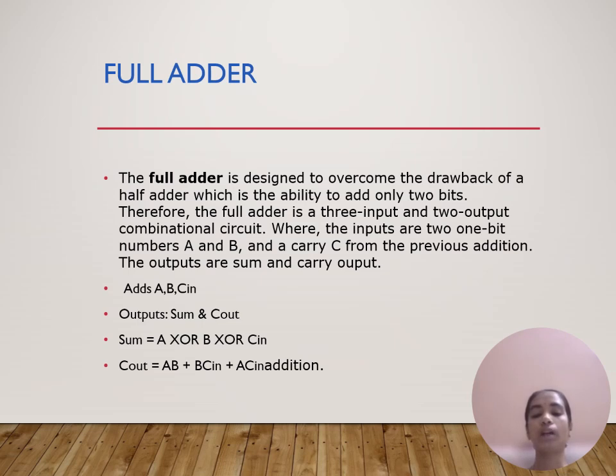The outputs are sum and carry output. Sum is equal to A XOR B XOR C in. C out is equal to AB plus B C in plus A C in.